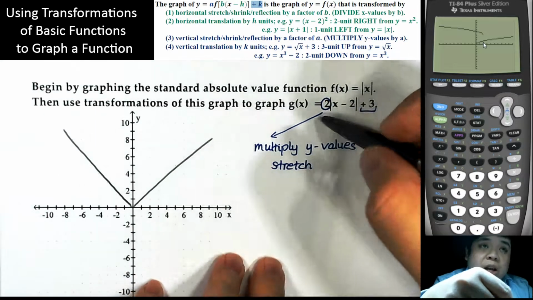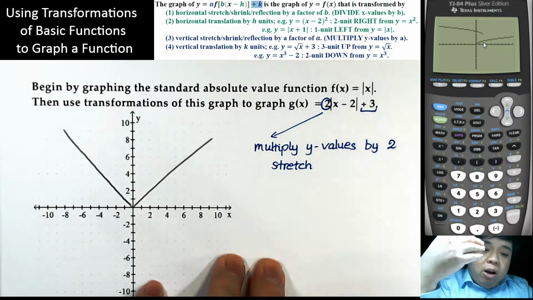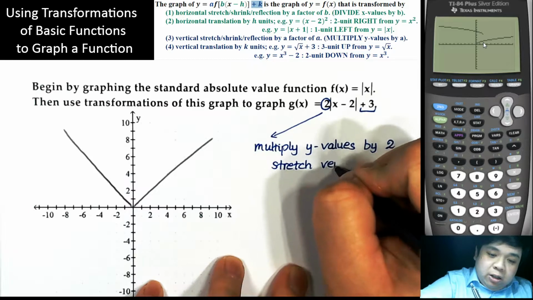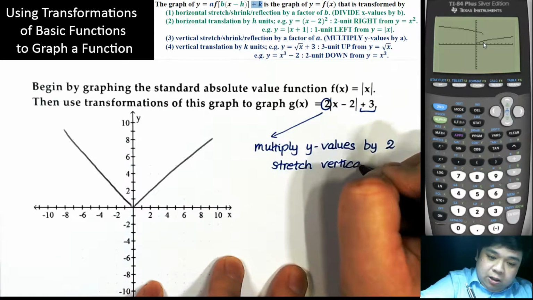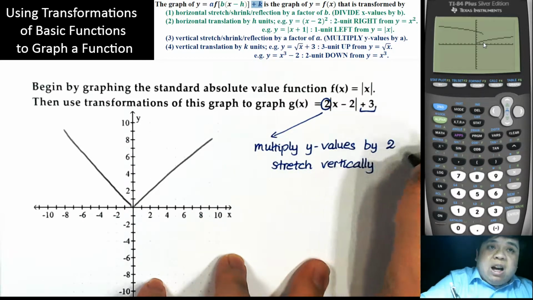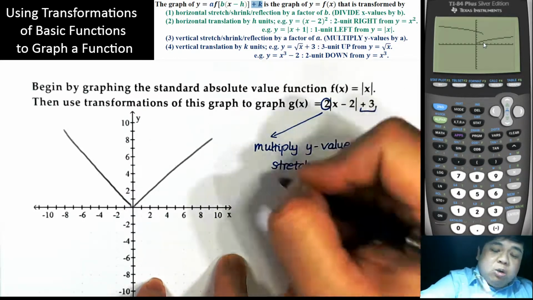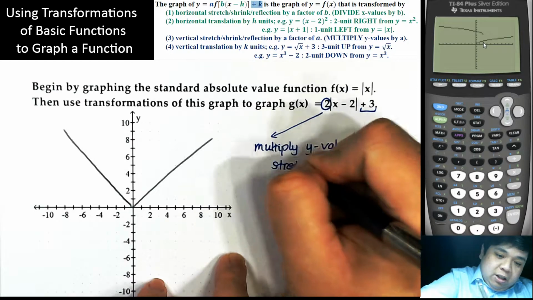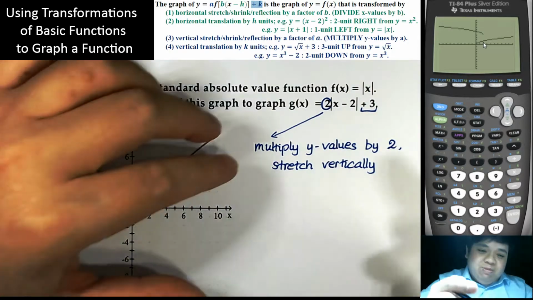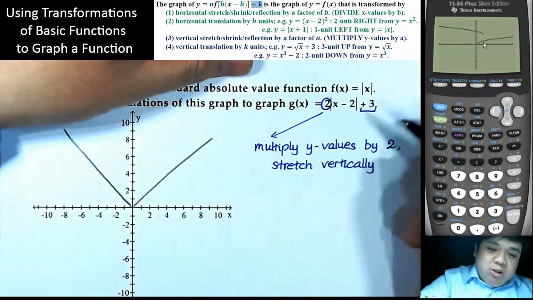And this one on the outside will affect the graph vertically, so it will be stretched vertically, by a factor of 2. So that will be the first transformation. We're not doing that first, but one of the transformations.